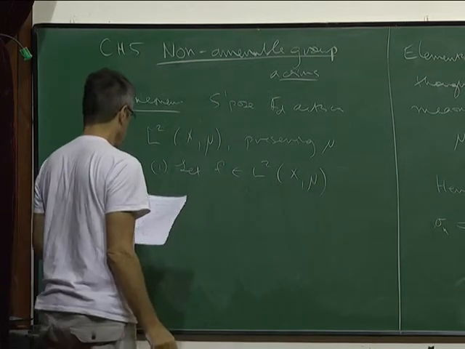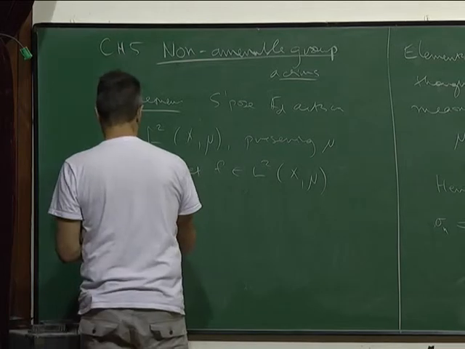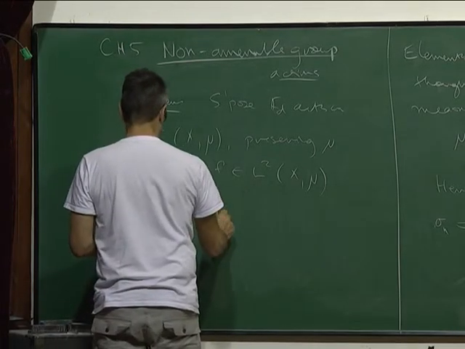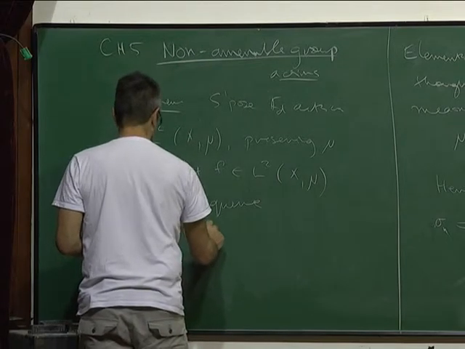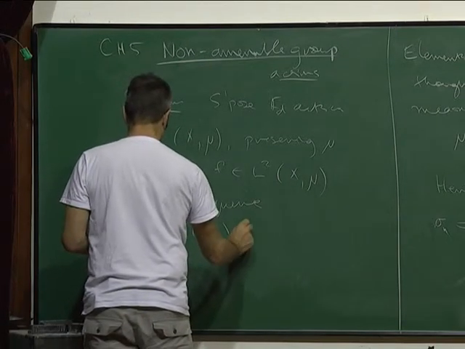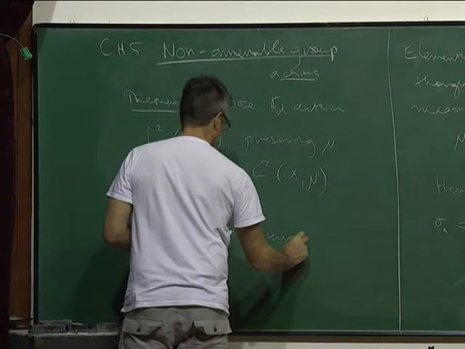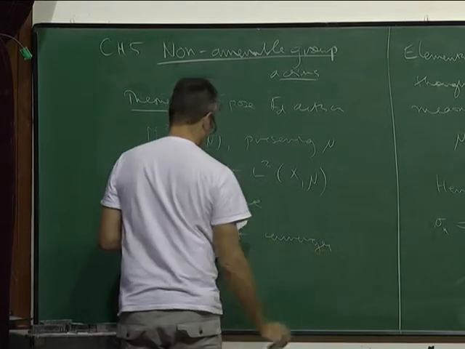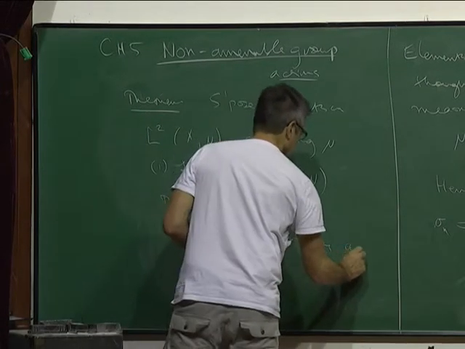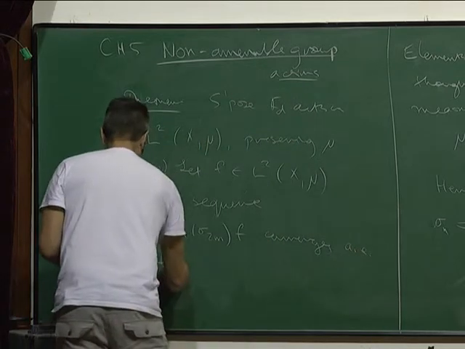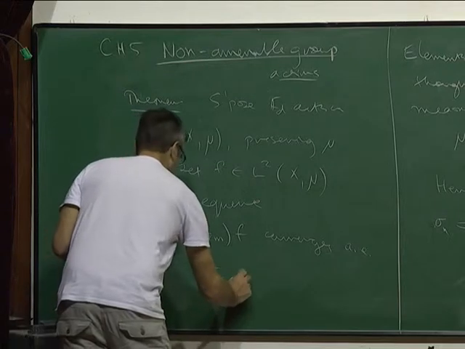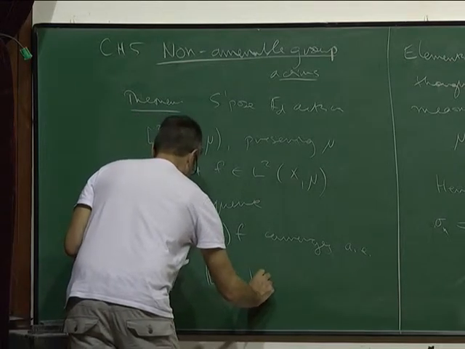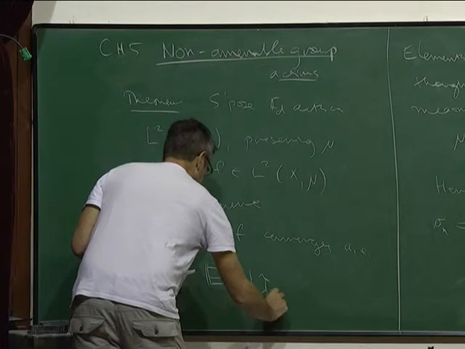Supposing f is in L2 of X, mu, converges almost everywhere to the expectation of f given I2.